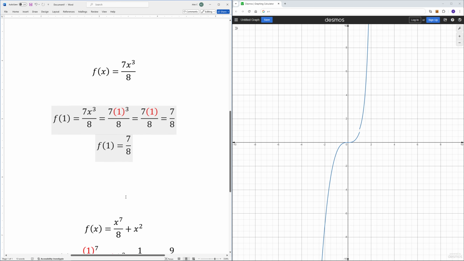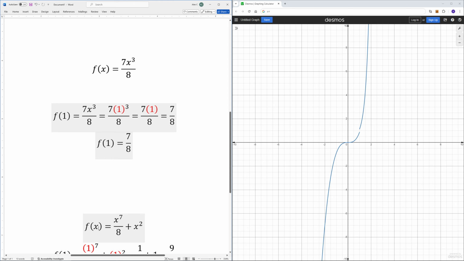For the piece defined as x greater than or equal to 1, f of x equals x to the 7th power divided by 8 plus x squared.